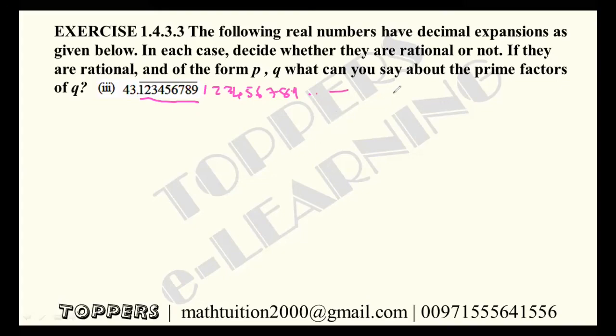So it will be a rational number, right? Rational number, which form? It is in the form of P by Q, right? But since the decimal expansion is non-terminating, recurring, Q will not be in the form of 2 raised to m times 5 raised to n.